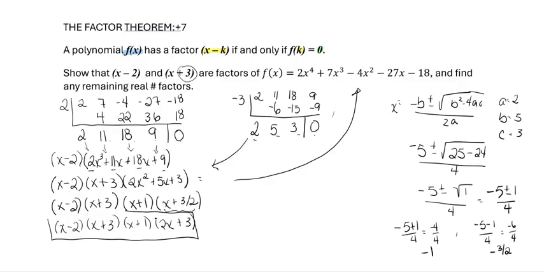This is my complete real factorization of the polynomial 2x to the 4th plus 7x to the 3rd minus 4x squared minus 27x minus 18. And that's how you can factor any polynomial of a higher power than 2.